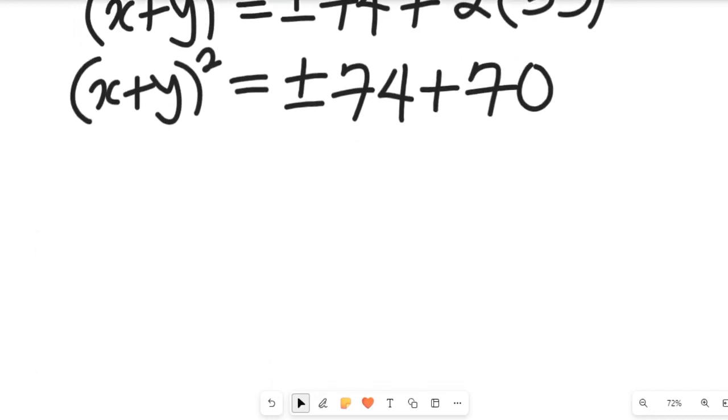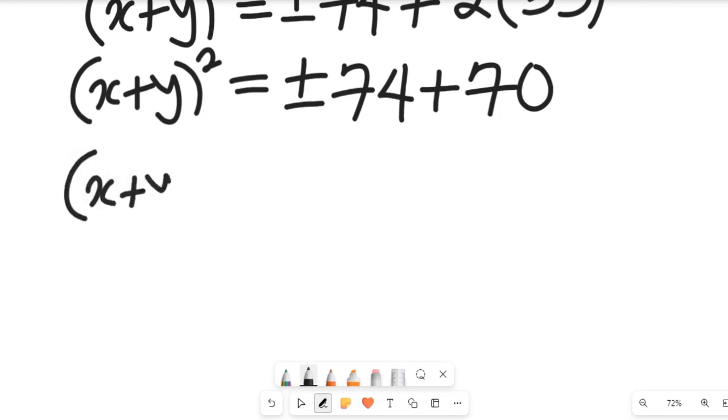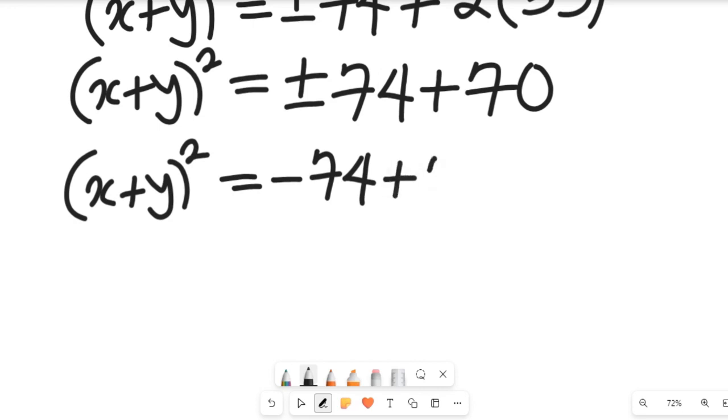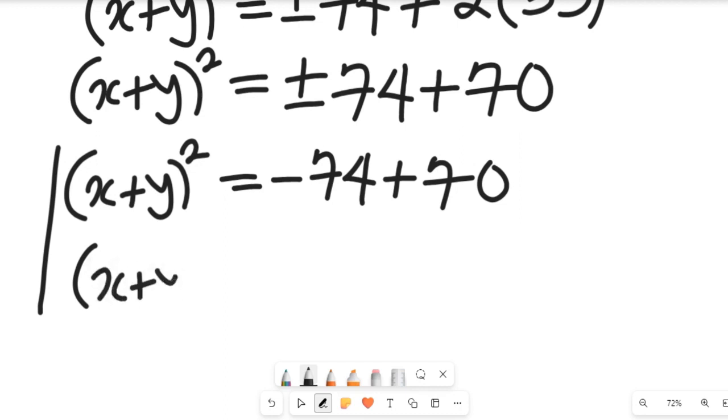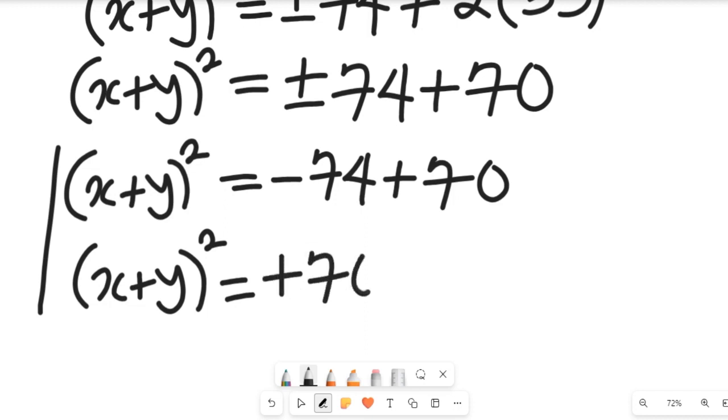So we're going to arrive at two expressions from here. The first expression will have (x plus y) all squared to be equal to minus 74 plus 70. And the second expression, we're going to have (x plus y) squared to be equal to plus 74 plus 70.